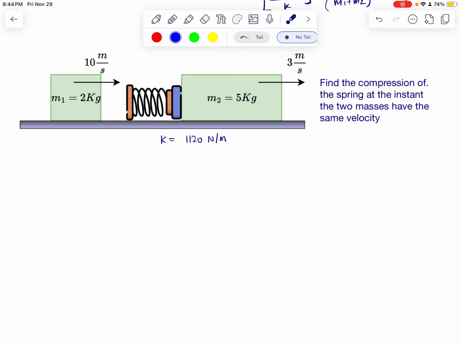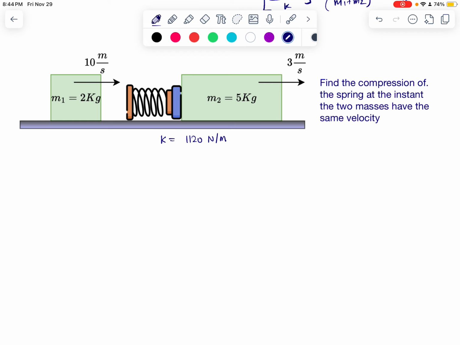Here we apply the law of conservation of momentum. When the two masses have the same velocity, the total momentum is equal to what they had before.